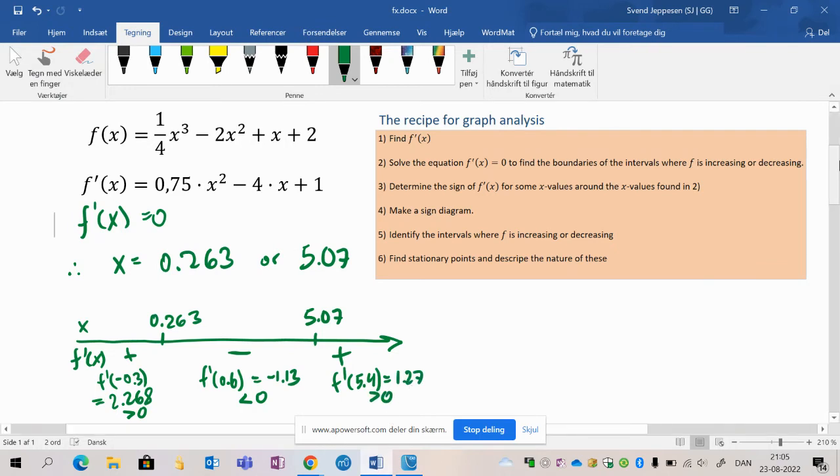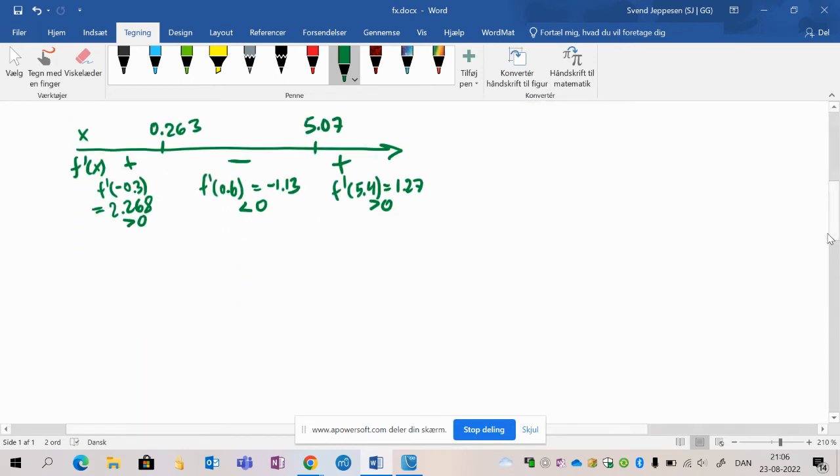So there's your support for your observations. Finally, you could state that f of x is increasing in the first interval, it's decreasing in the middle interval here, and it is increasing again in the last.